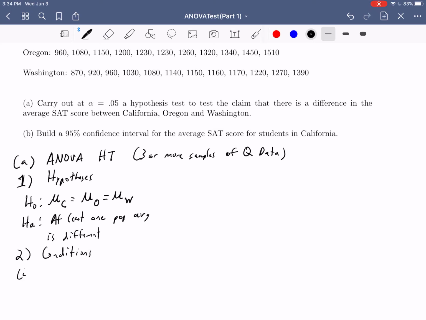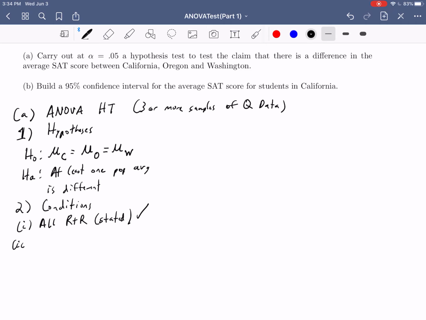So, condition 1, all the samples need to be random and representative, and that was stated by saying that we randomly selected the students. Then we need all samples to be less than 5% of their population size. Well, we've got 3 different populations here, so let's make sure we state those. So we'd say lots of California students, check.